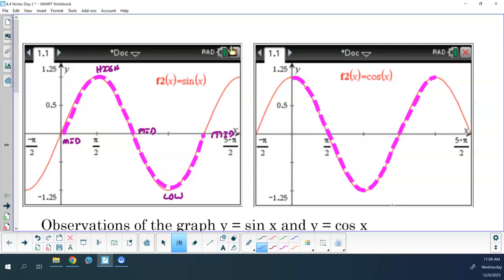Okay. Cosine starts on the high point, goes to the middle, then low, back to the middle, and then ends at the high point. Okay? That pattern will always be true unless we have some kind of transformation that changes it. But that's the basic pattern.